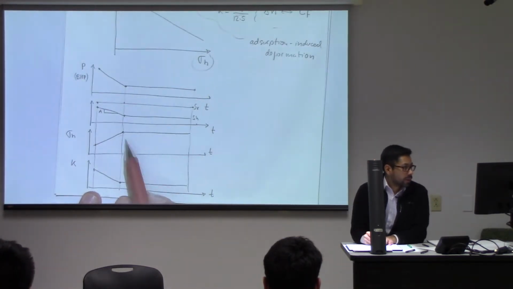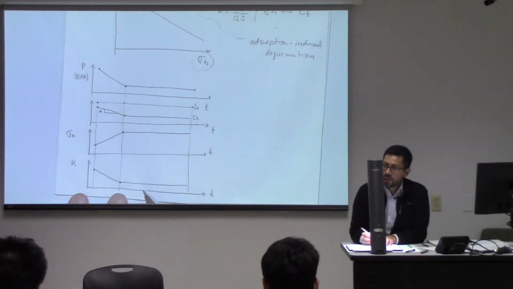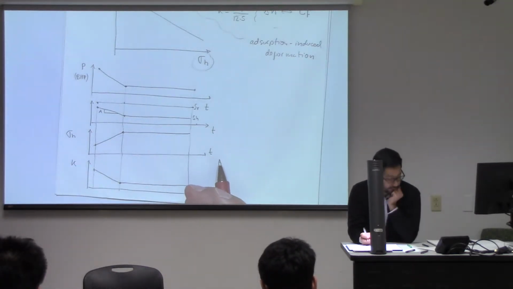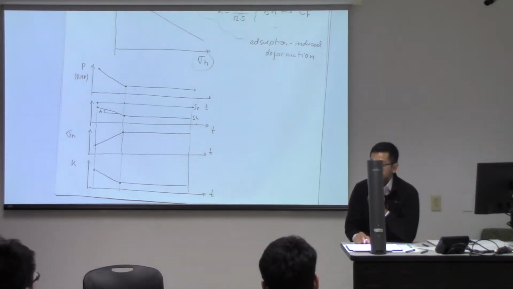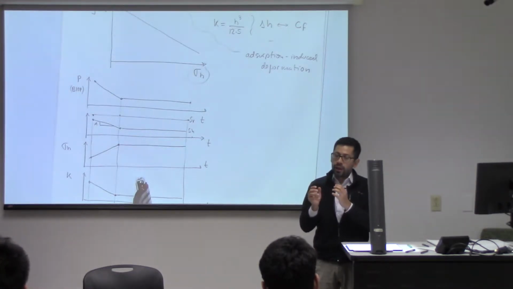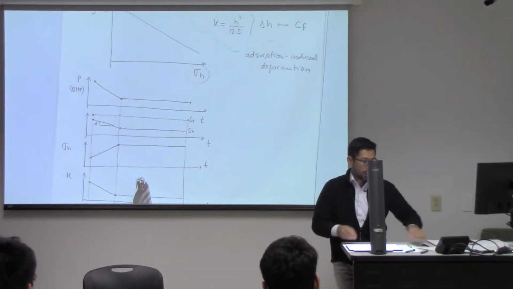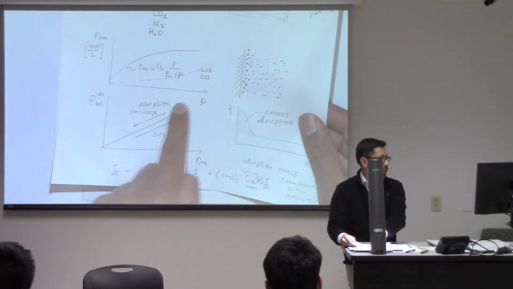What about effective horizontal stress? Is that going to increase, decrease? What do you think? So now you are producing fluids. You are getting fluids out of the rock, and that's a process of desorption. So it's this path.